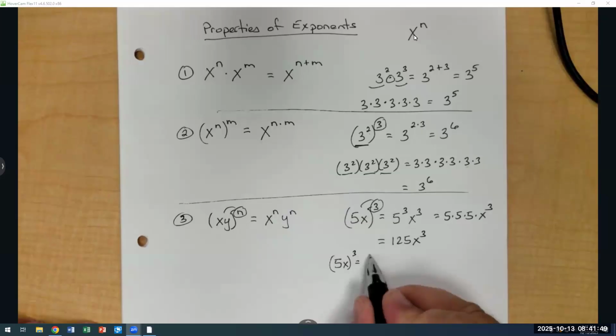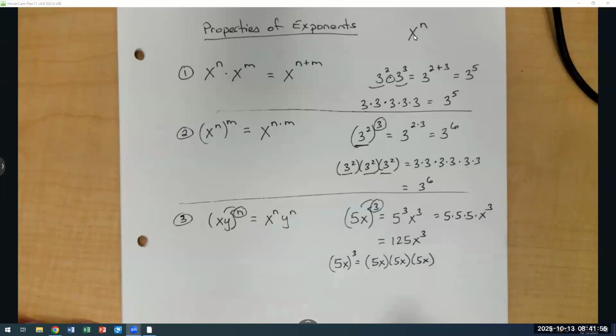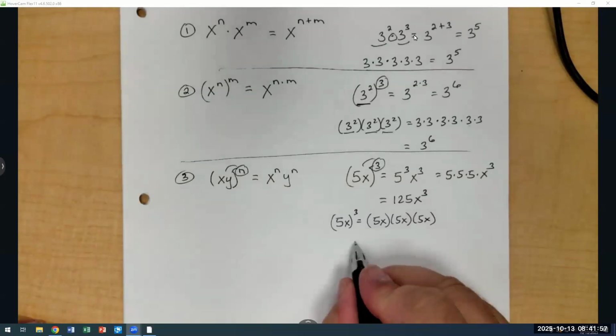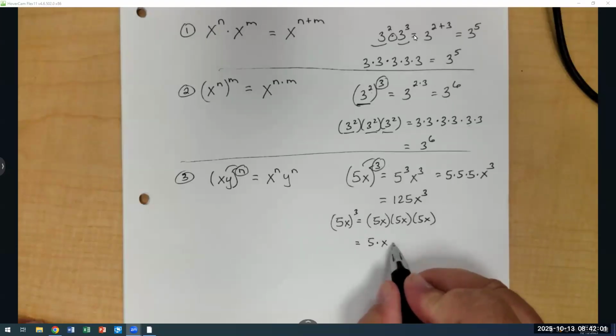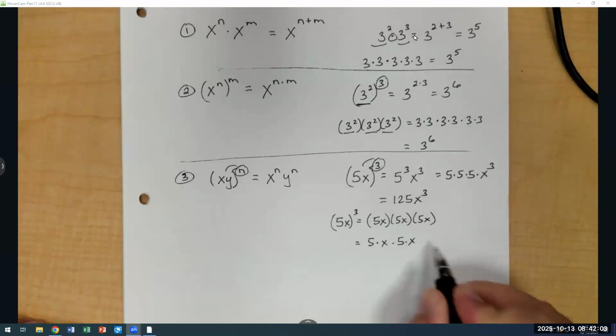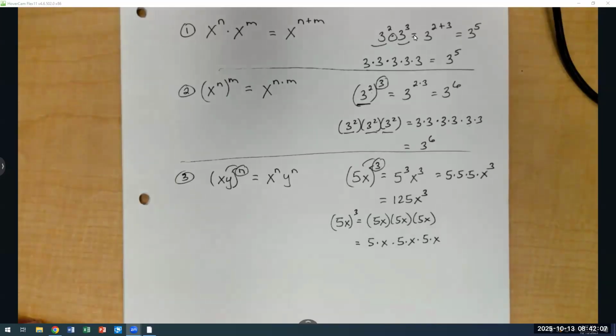Because this exponent says I have 5x times 5x times 5x. What that means is I have 5 times x times 5 times x times 5 times x. Can I move those numbers around? If so, why? How? What tells me I can move those numbers around?